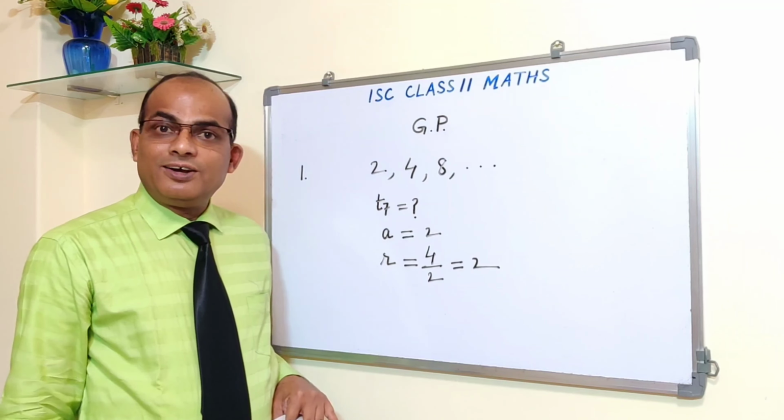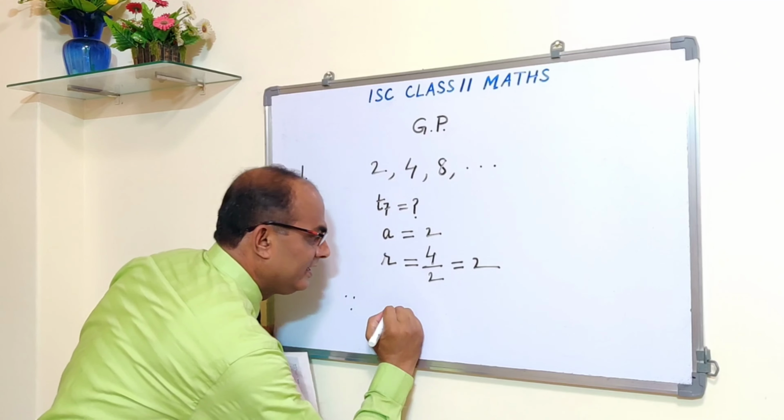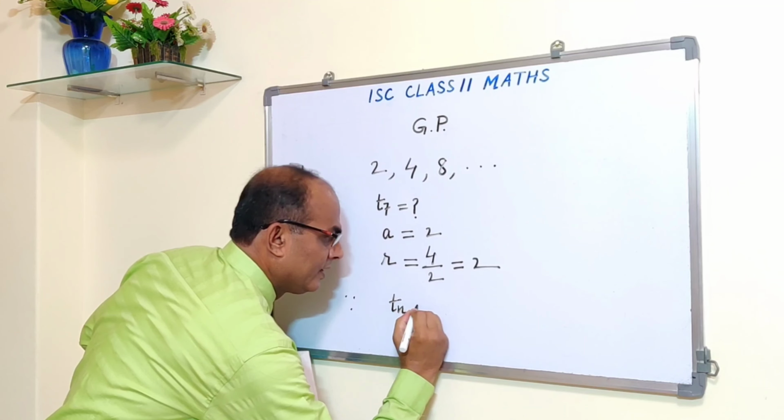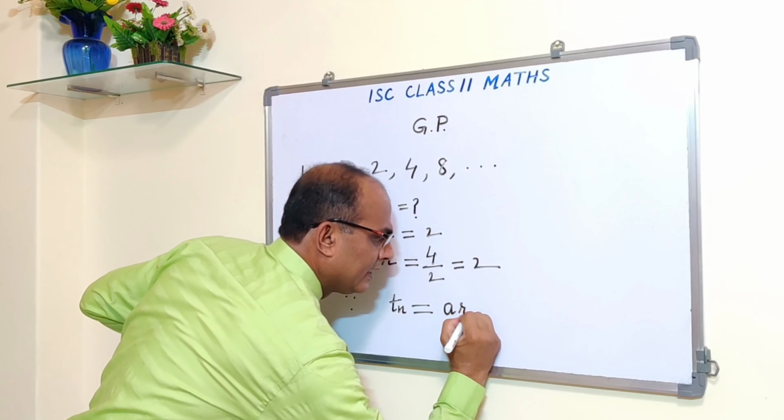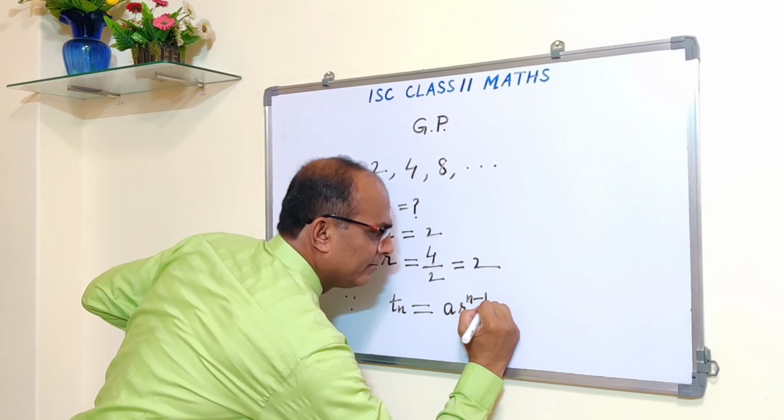Now you have to find out T7. So let's first write down the formula, in a systematic way. We know that Tn is equal to A R raised to the power n minus 1.